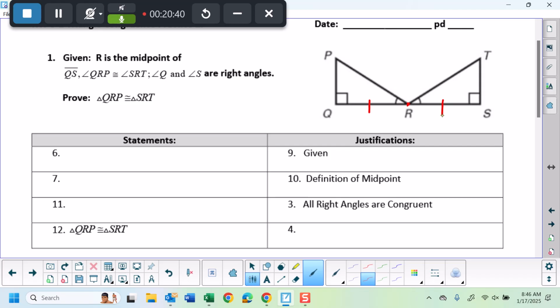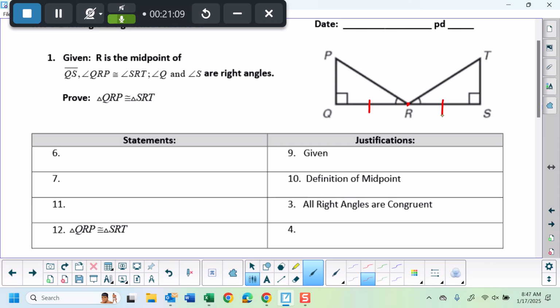I know R is the midpoint, and they just told me that these two angles are congruent, and I have Q and S are right angles. So I'm set up for success right away because I'm looking at the picture. Which postulate or theorem are you going to use for congruence? Say that loud, Audrey. Angle side angle. Absolutely, angle side angle.